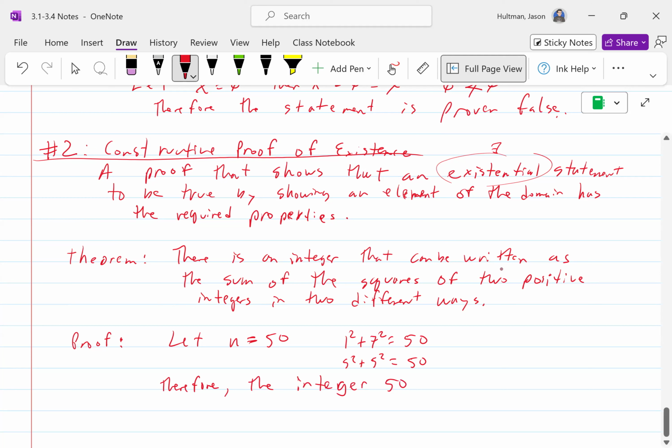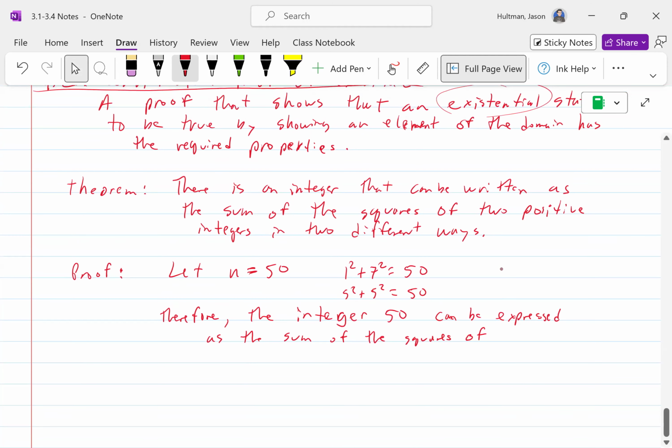The integer 50 can be expressed as the sum of the squares of two positive integers in two different ways.